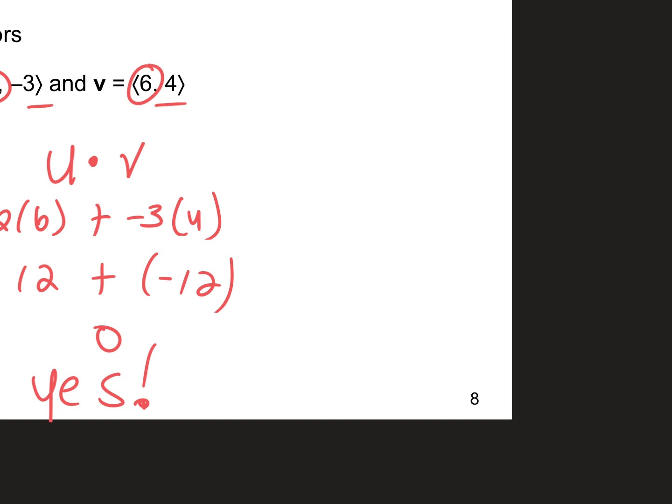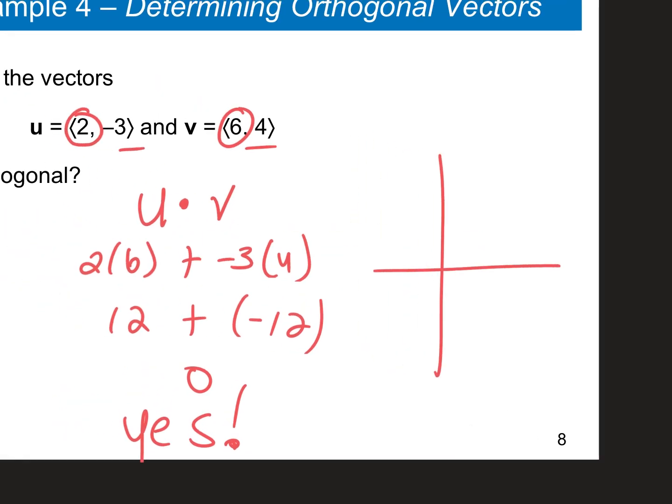Now, what this would look like: if you graph this vector from the origin, vector u goes over 2. I just want to show you, it's just like graphing a line. The only thing that's different is there's a point or ray at the end. So 2, -3. Over 2, 1, 2, 3. Here is vector u.